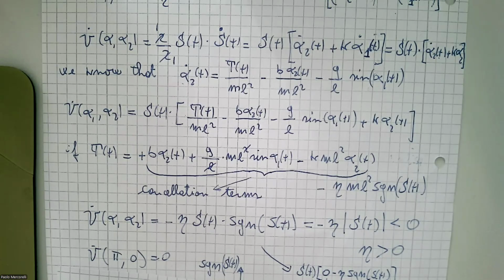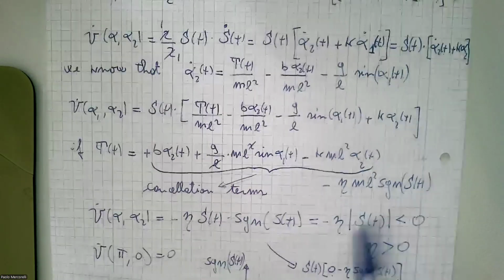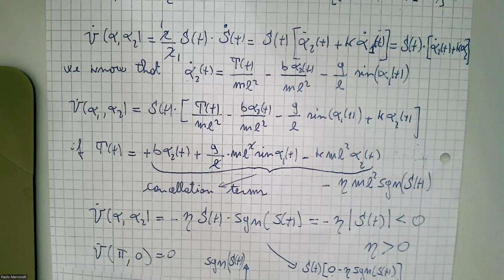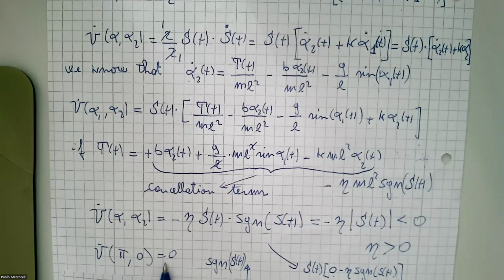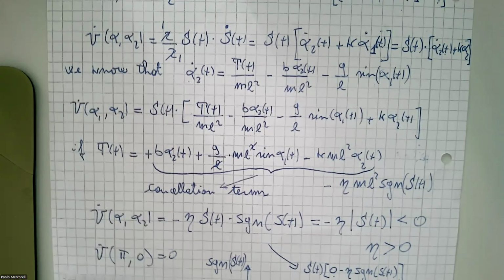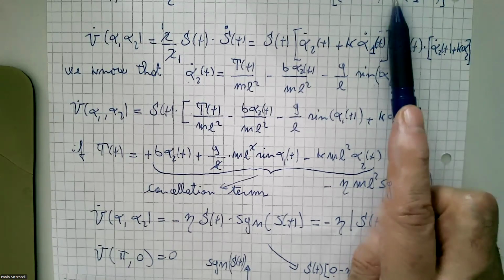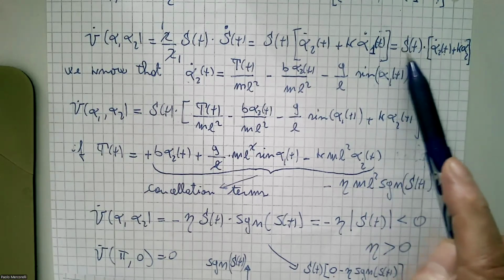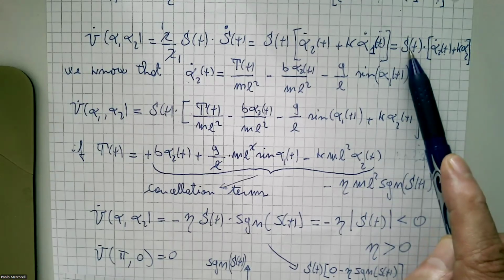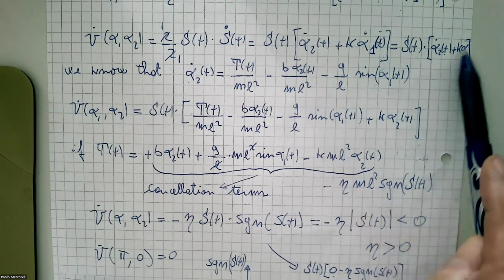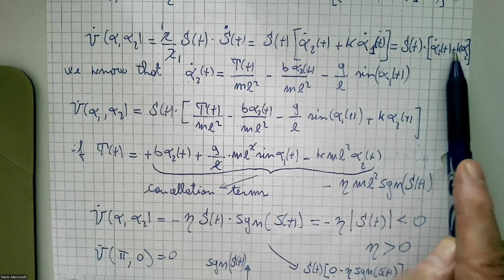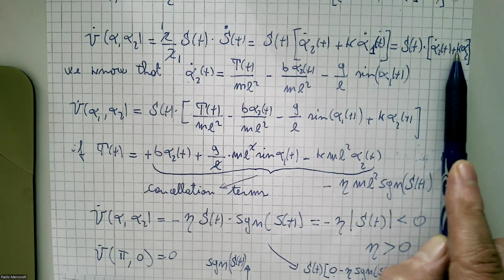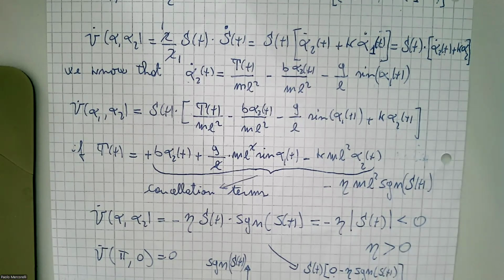K larger than 0, eta larger than 0, because we need at the end this v derivative less than 0. And this is valid, but we have to say that k is positive. Otherwise, even though this tends to 0 when we tend to pi 0, what about this? This is limited if k is positive. This means we have to say k is positive.